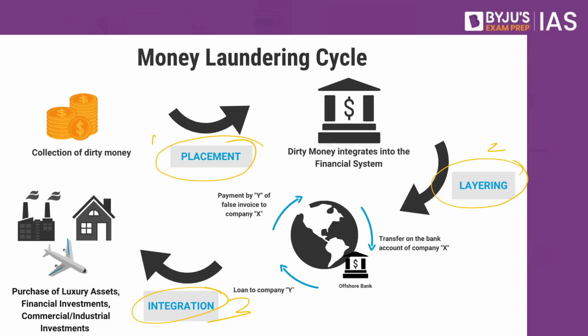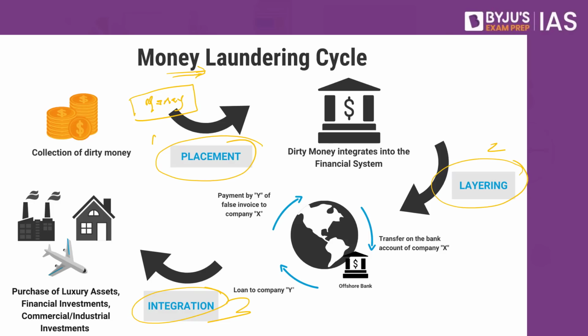What is this placement? Let's say there is a person or an organization engaged in money laundering. What they have is the money with them. This money that they have generated is put into the financial system and an institution.